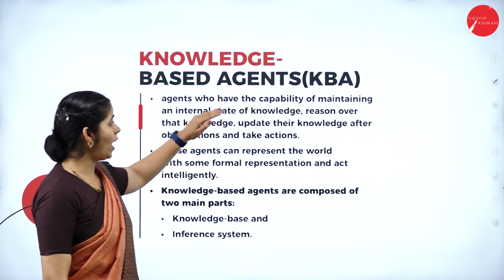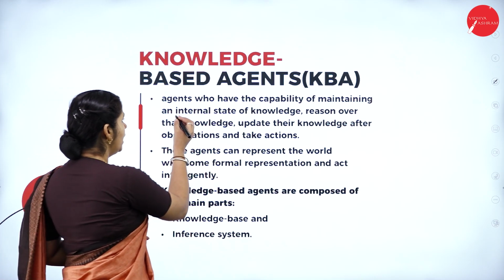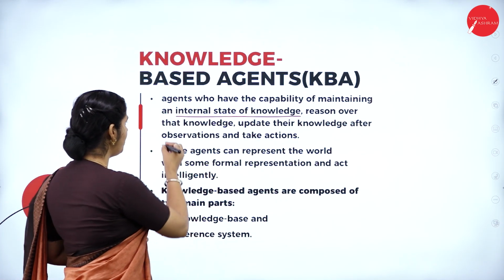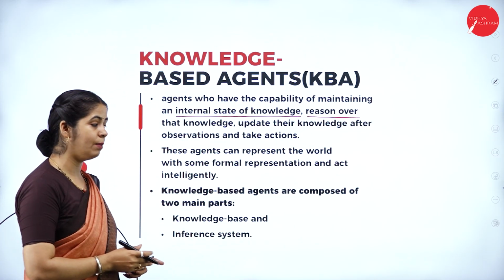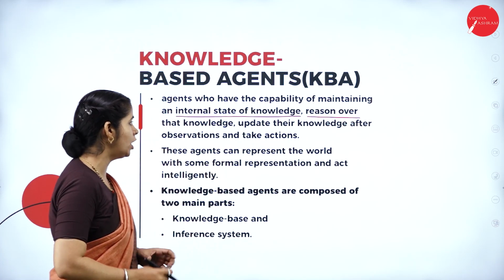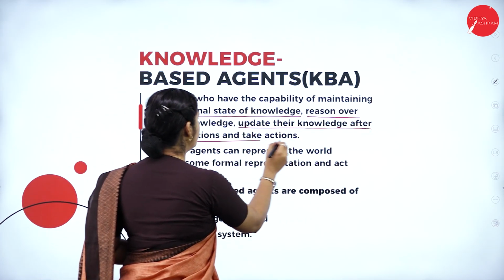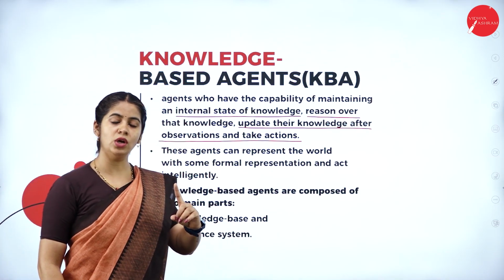A knowledge based agent has the ability of maintaining the internal state of knowledge and reasoning over that particular knowledge. The agent should be able to reason over that knowledge, update the knowledge after observation, and take action. Who is a knowledge based agent?